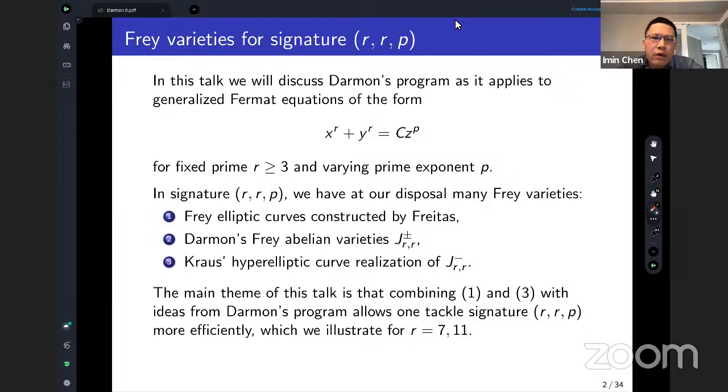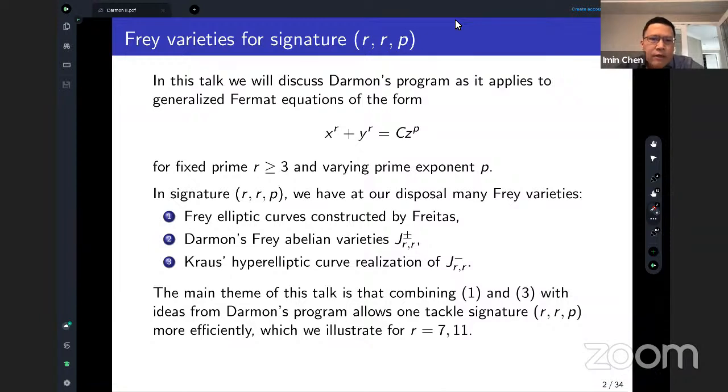Our interest is to resolve equations like this for integer solutions in x, y, and z which are mutually coprime. For instance, one might like to show that if p is sufficiently large, this equation has no non-trivial primitive solutions. For this type of generalized Fermat equation, I'll refer to that as signature (r, r, p).